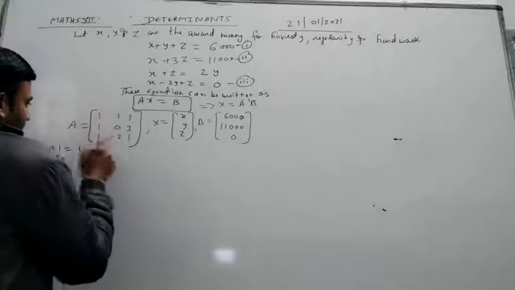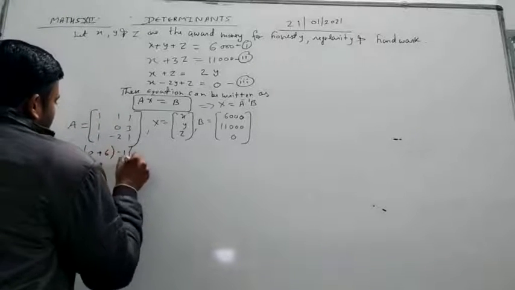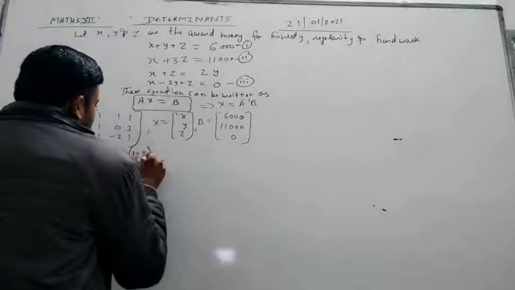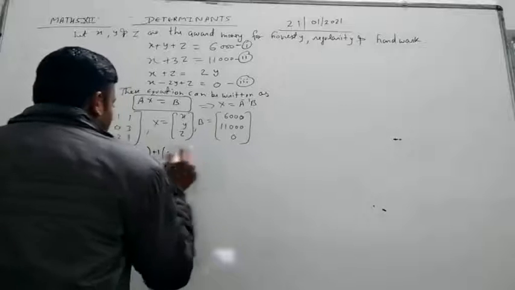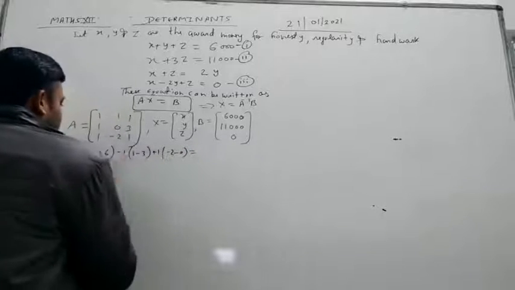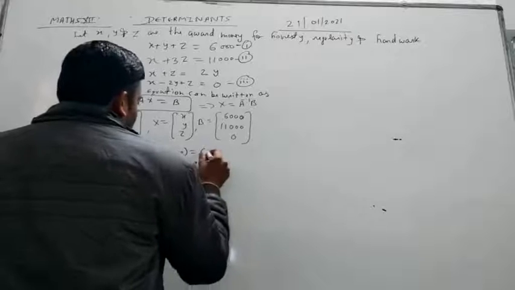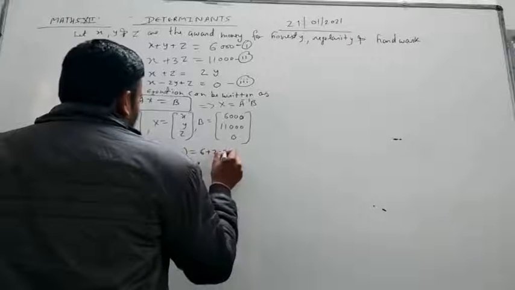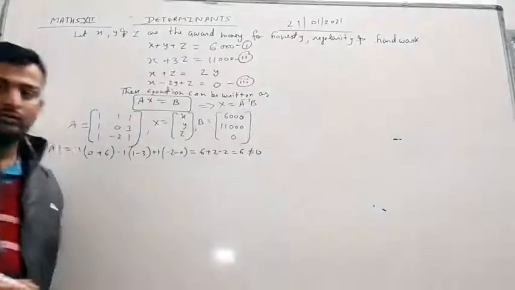Okay students, so let us write the determinant of A: 1 times (0 plus 6), minus 1 times (1 minus 3), plus 1 times (minus 2 minus 0). So we are getting 6 plus 2 minus 2, which is 6, not equal to 0.